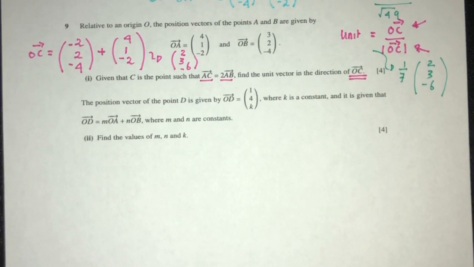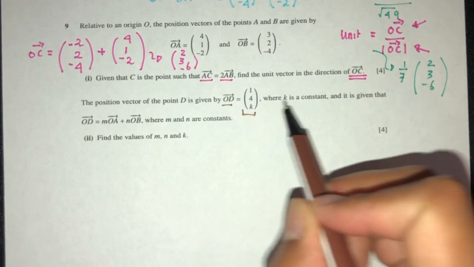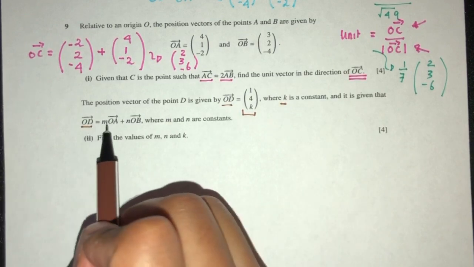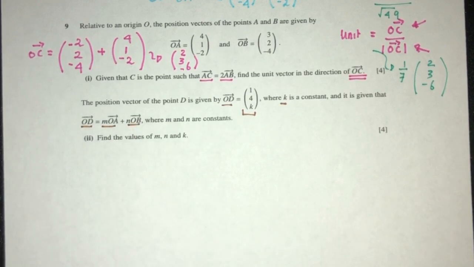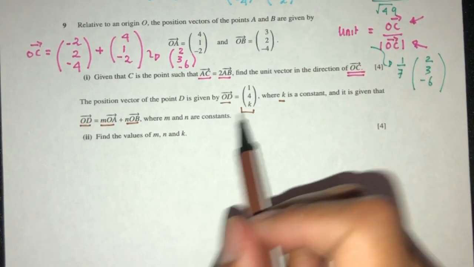Now for part 2, the position vector of D is given to you by this, where K is a constant, and then it is given that we have this equation where M and N are constants. So we have to find the values of M, N, and K. Okay, so one by one.